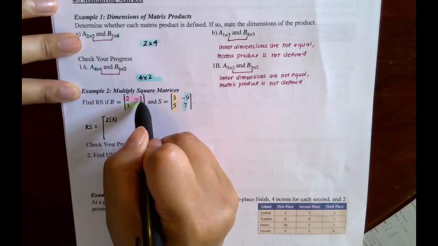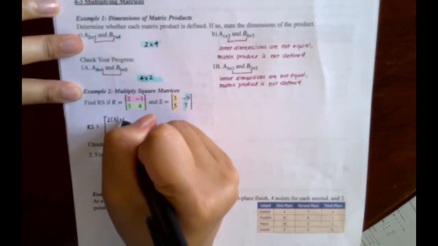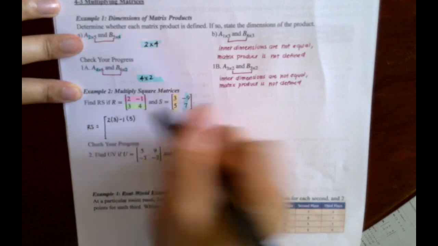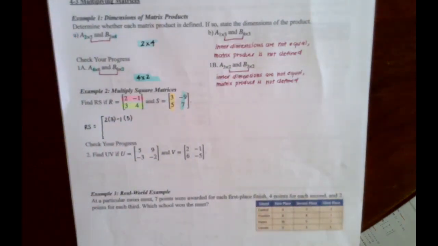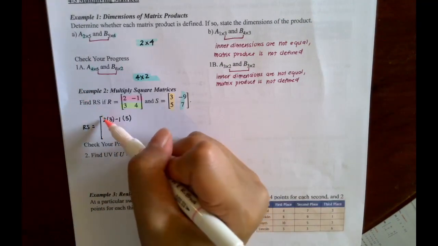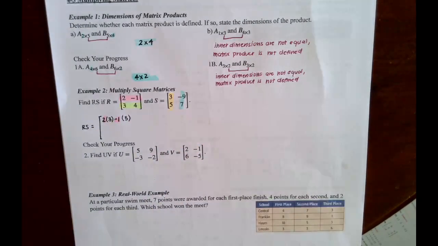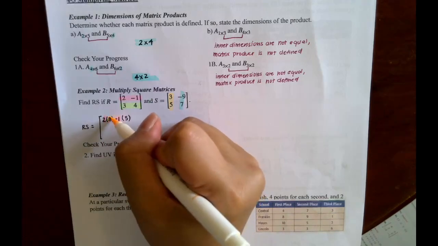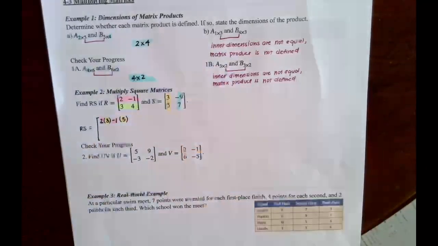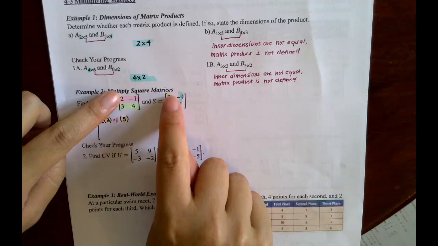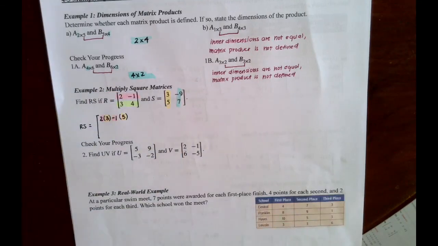And then since this is a negative, we'll do a minus 1 times 5. Okay? And so what we did is we took the row of the first matrix and the column of the second matrix, and then we multiplied them and added them.